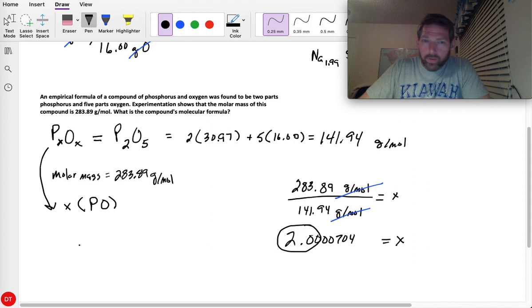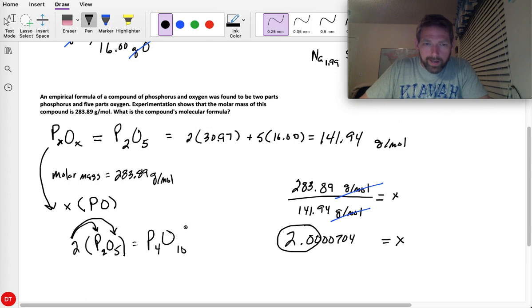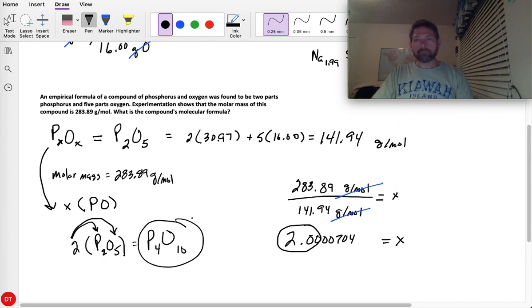All right? So if we have 2 times what this was, 2 times this is P4, 2 times 2 is 4, and then 2 times that 5 would be O10. There's our molecular formula.